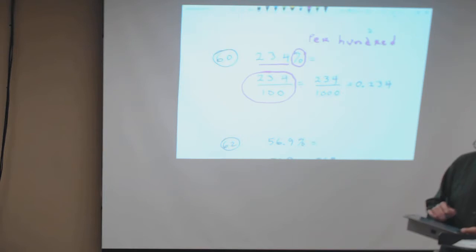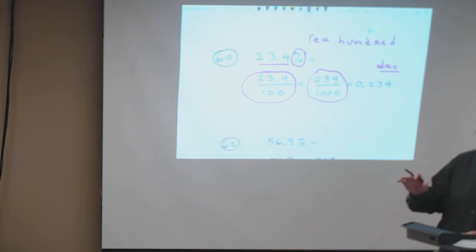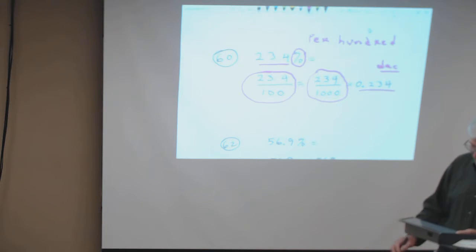Now, how do I change that to, what am I supposed to do? Write it as a decimal. How do I change that to a decimal? Now, since I'm following the same pattern, that would be 234 over 1,000. Then you divide 234 by 1,000, and what do you get? 0.234.